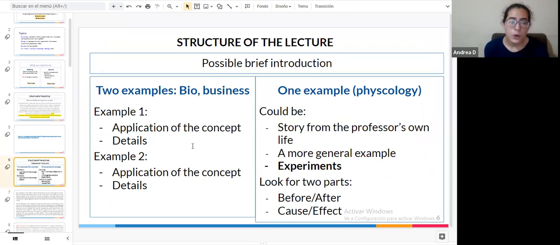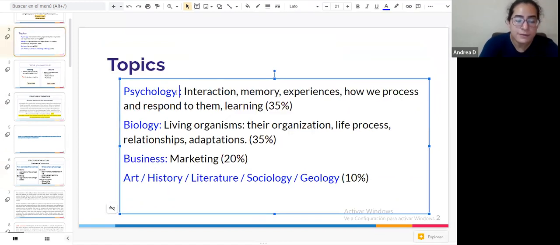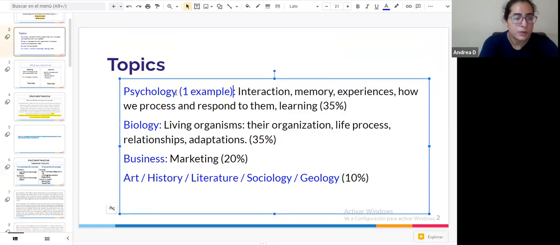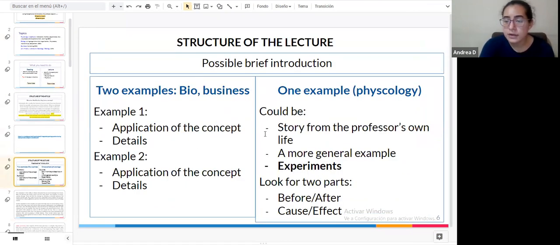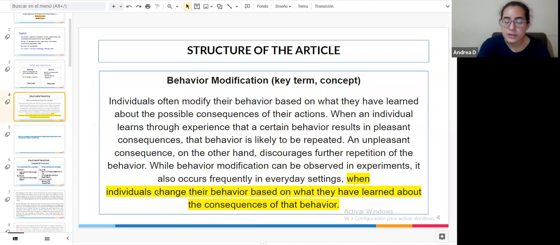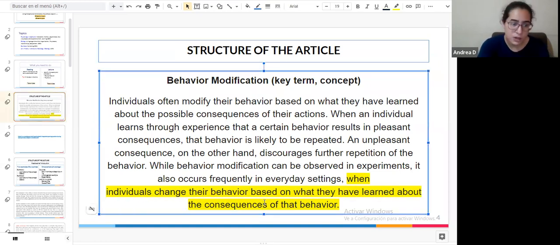Now, the number of examples that you have is going to depend on the topic that you had. So if you have a psychology topic, you always have just 1 example. Okay, just 1 example there. And it's very likely that it's going to be just a story from the professor's own experience. So maybe the professor can tell you a story about how he used to change his behavior based on the consequences of that action.